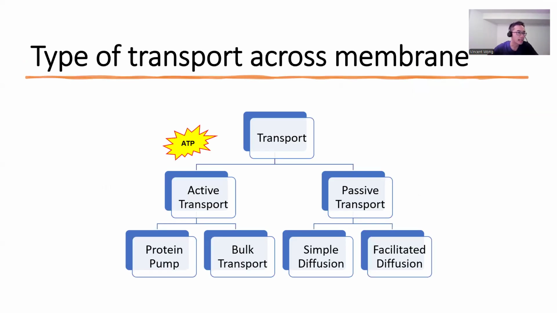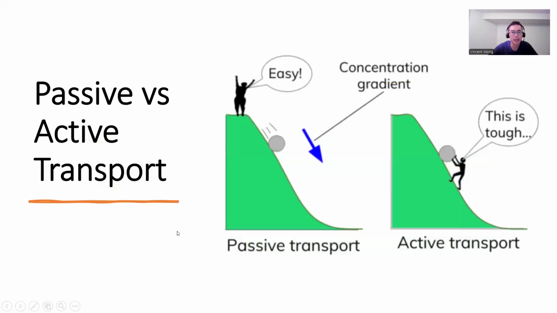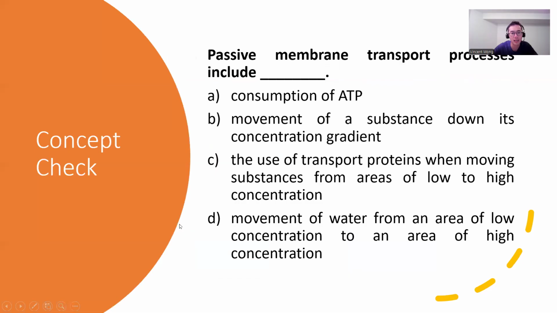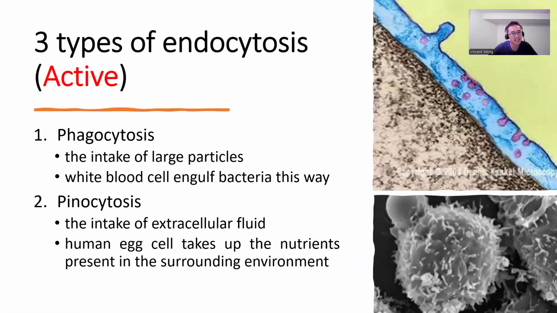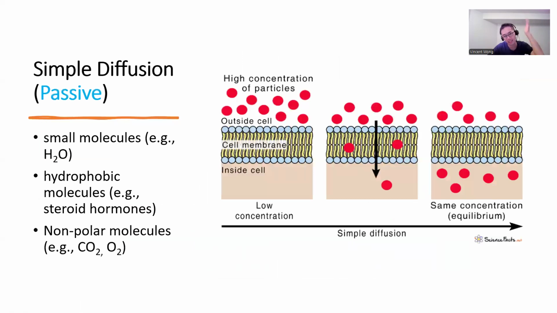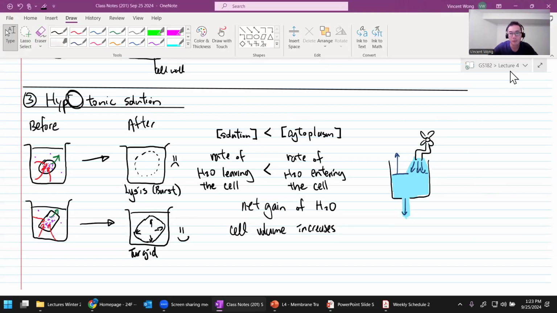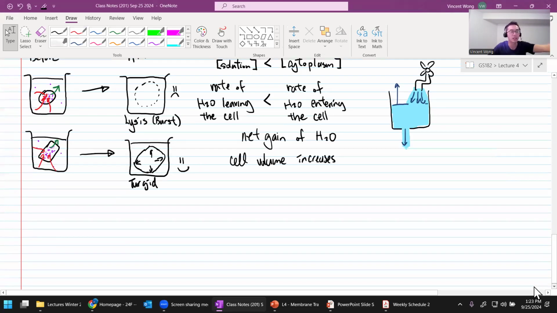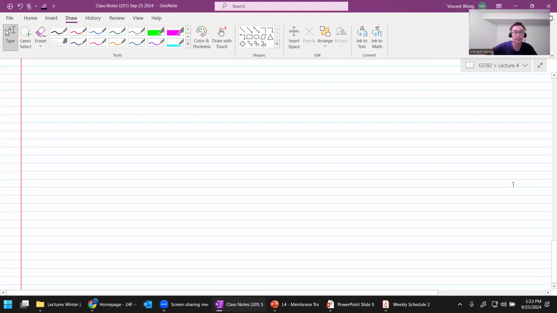All right. The last note we are going to take will be on the types of transport. I'll reconstruct this whole thing for you. I could read through the PowerPoint with you, but usually things tend to go in one ear and out the other. I think it's much better if we draw it out together, and then you can read the PowerPoint slides later to fill in the extra information.